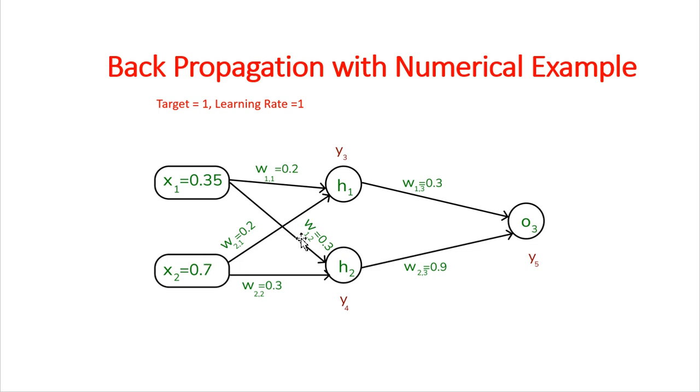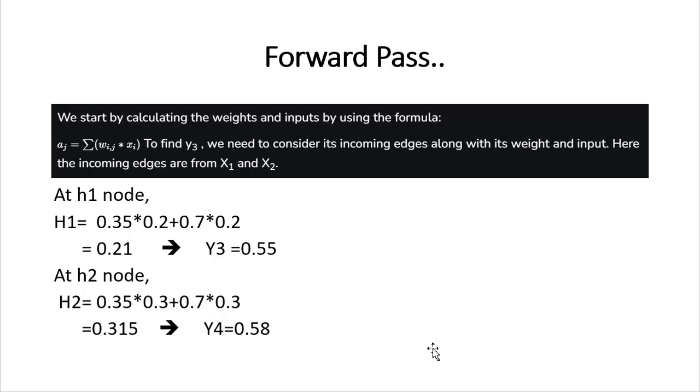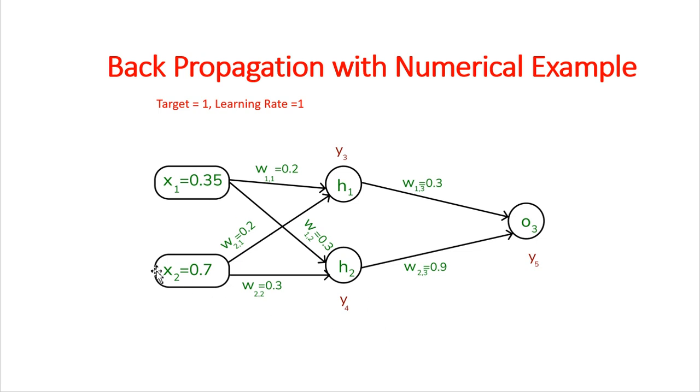So here the value that came is 0.55. Now we have to calculate the output value at h2, so 0.7 into 0.2 plus 0.7 into 0.3. That is the function we have to use. The same we have to calculate for 1 and 2.